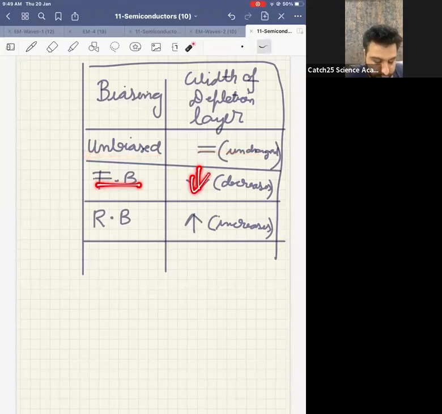For forward bias, it decreases, and for reverse bias, it increases. So make a note. Okay.